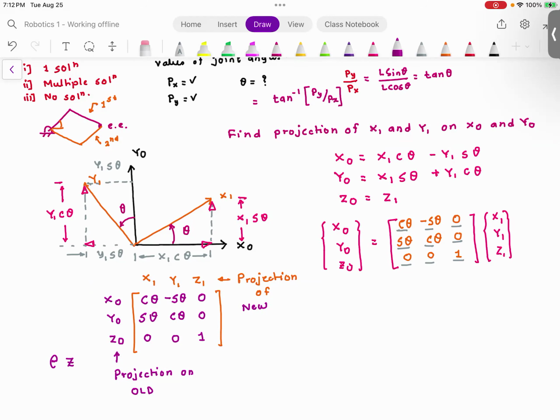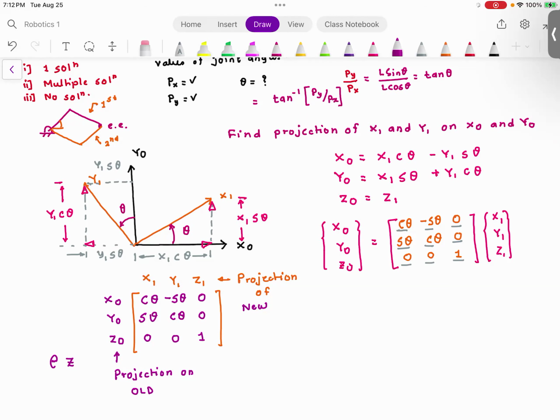Because notice that x0, y0, z0 and x1, y1, z1 are rotated like this. Similar rotations can be obtained about x, and they can be obtained about y. The procedure is exactly the same. But we are not going to use the rotation matrices.